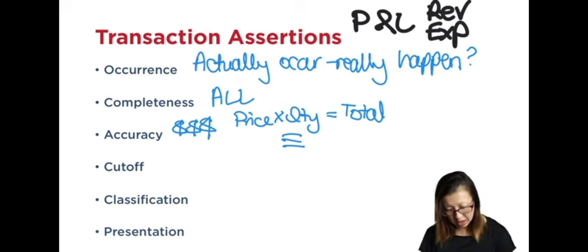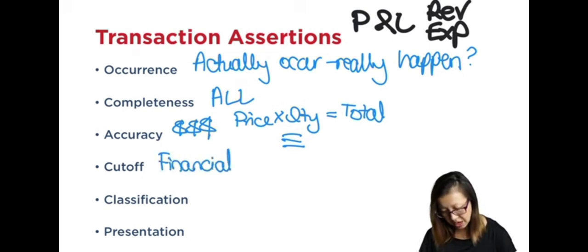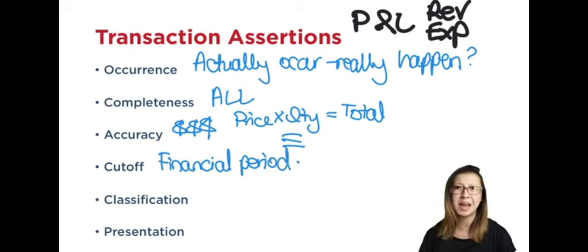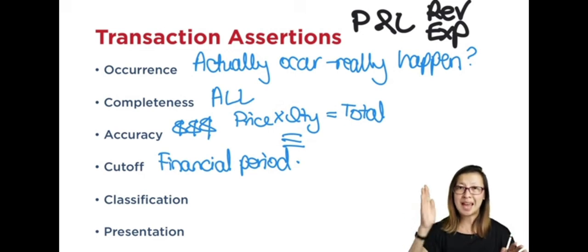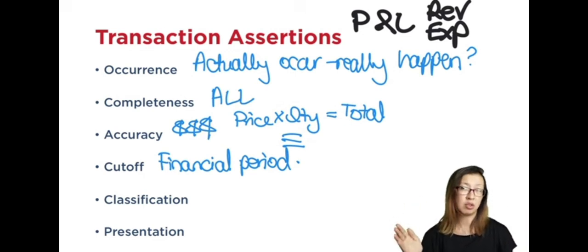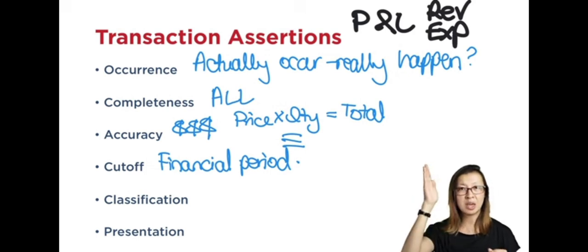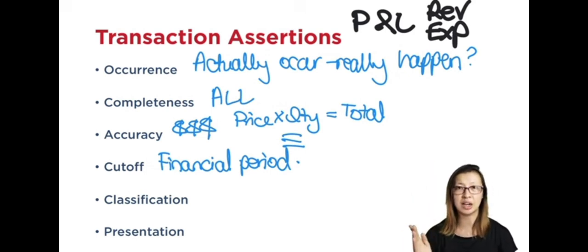After that, we have cutoff. And remember, cutoff is all about the correct financial period. So think about it this way. We want our transactions recorded for the financial year because our income statement is for a period over a certain amount of time. So that's 6 months or 12 months as the financial period. So I want to make sure at the end of the 12 months, for Australia on the 30th of June at 11:59 and 59 seconds, we cut off any sales transactions.